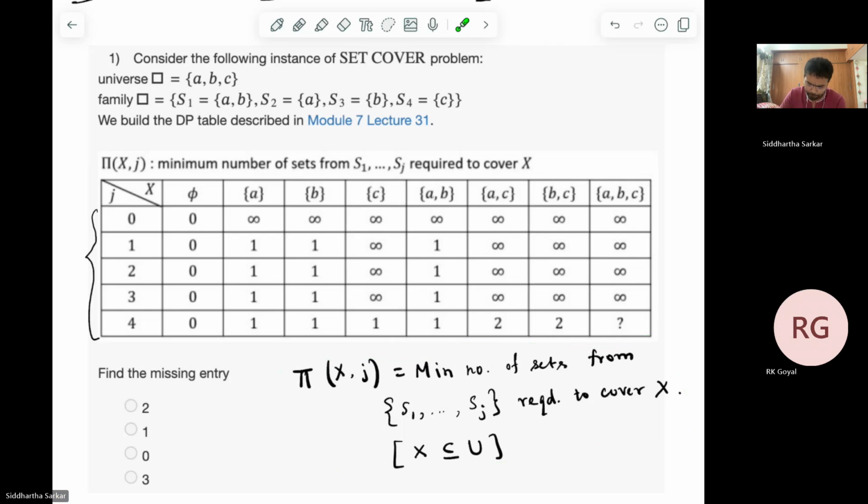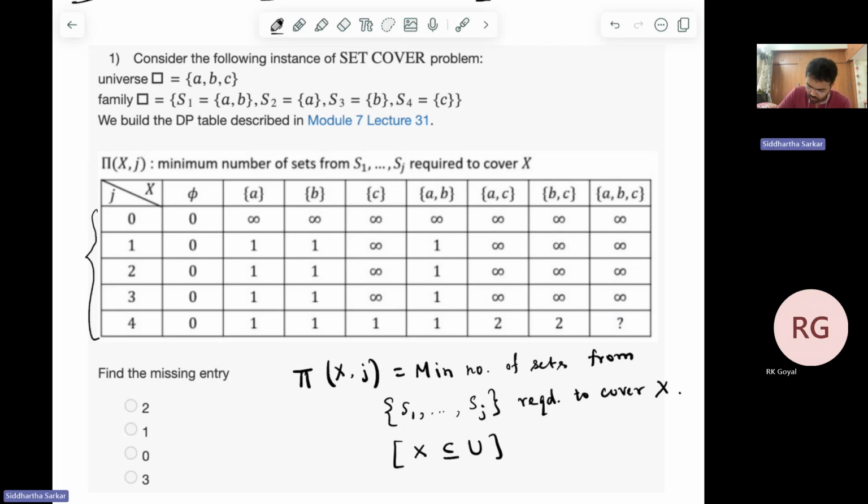All right. So what does the last entry mean? What is the English translation corresponding to the last entry? That would be the minimum number of sets required from S1 to S4 to cover a comma b comma c. That is nothing but equivalent to finding the minimum set cover for the universe.